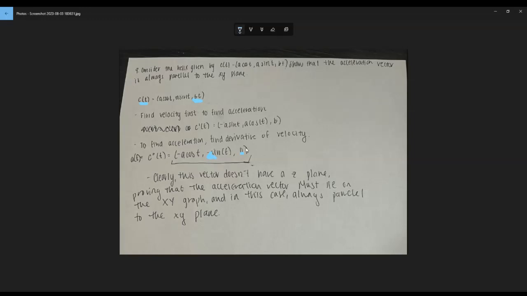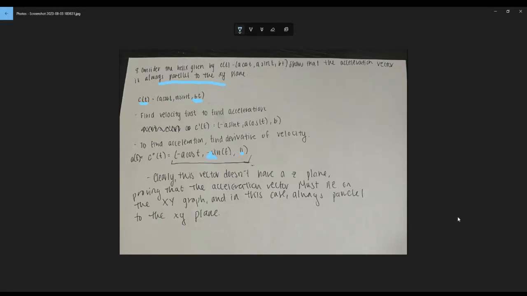And after that, we notice that the z component is 0. So that kind of shows that the vector itself is going to be on the xy plane, which also shows it's parallel to the xy plane itself, which proves what the question is asking. Okay, hold on a second.